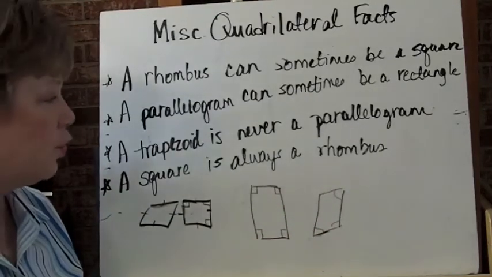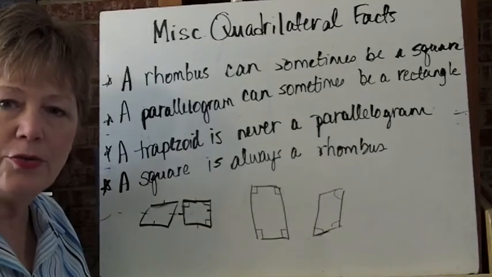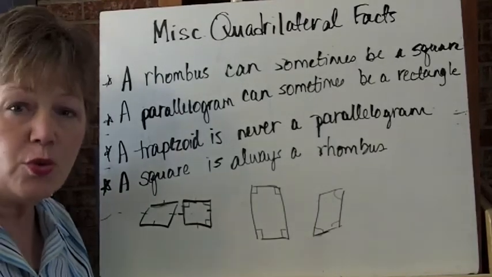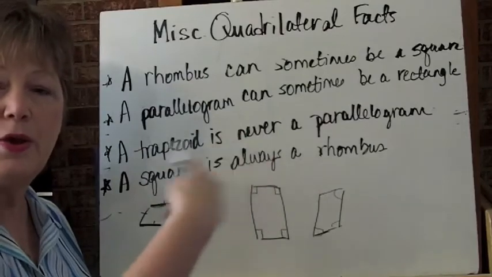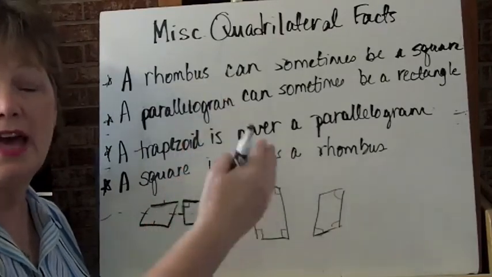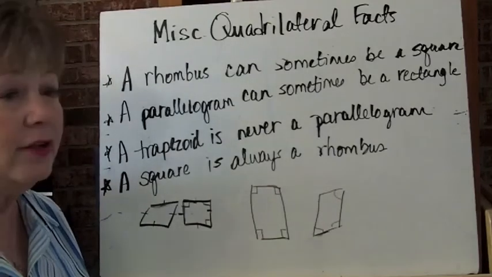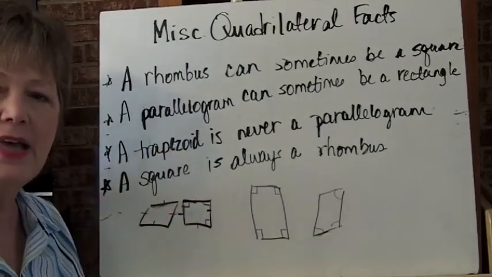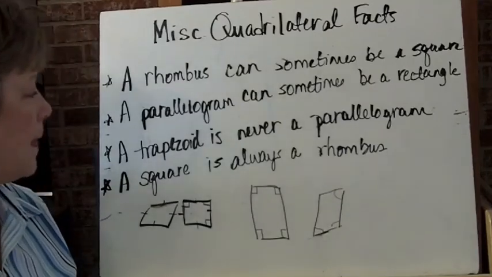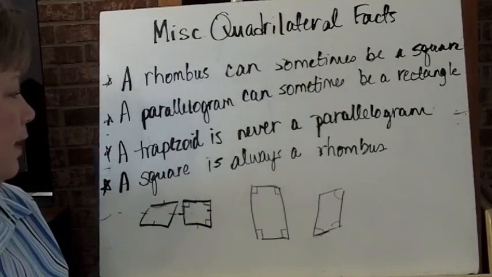A trapezoid is never a parallelogram because the trapezoid only has parallel sides on one pair, not 2. A parallelogram has to have 2 opposite sides that are always parallel. So a trapezoid is never a parallelogram.